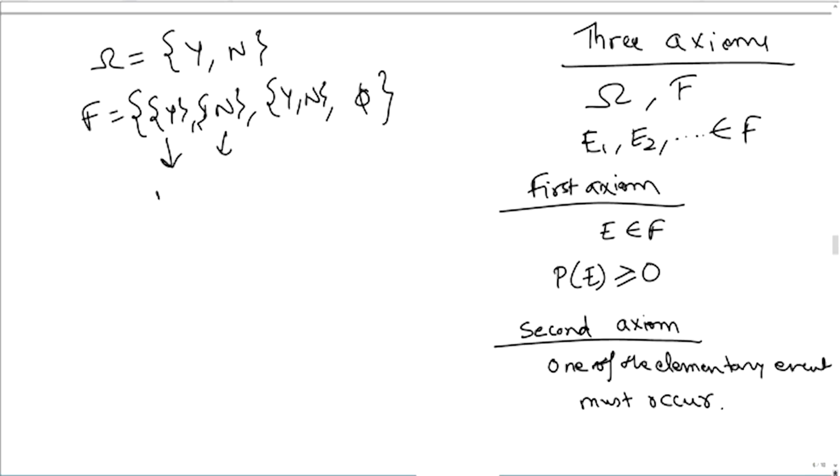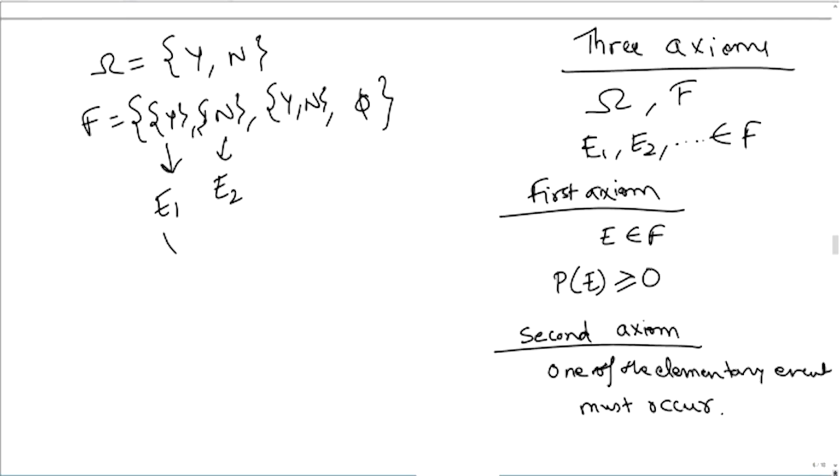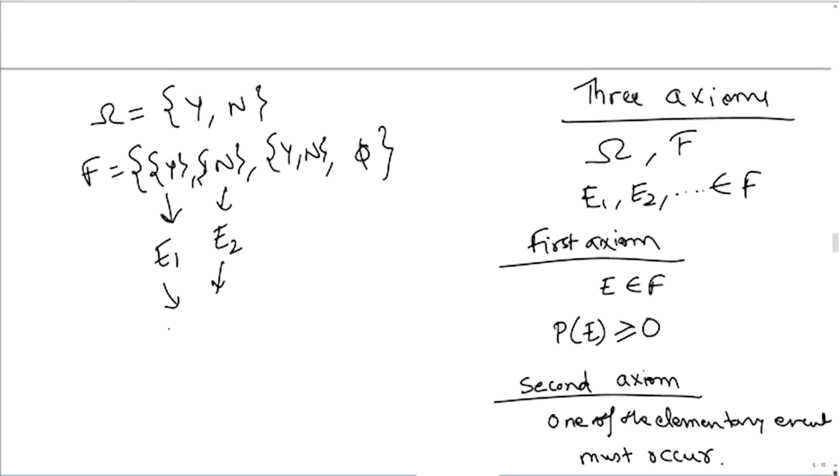So these events E1 and E2 contain exactly one member. These are called elementary events. So, the second axiom says that one of the elementary events must occur.